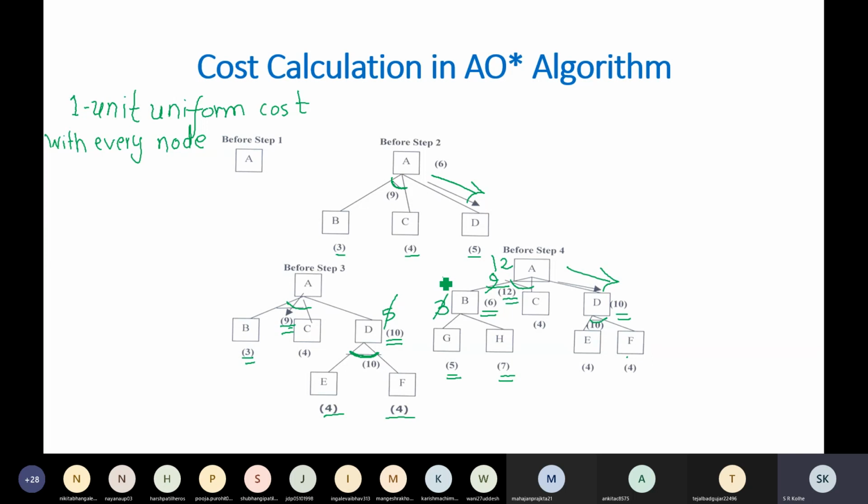And to carry this out, ultimately some other modifications and additions you will have to incorporate in the best first search algorithm, that we will see in the next class. But ultimately this algorithm will return you the best solution path, but here your solution will be a tree, and the search space will be an AND OR type of search space.